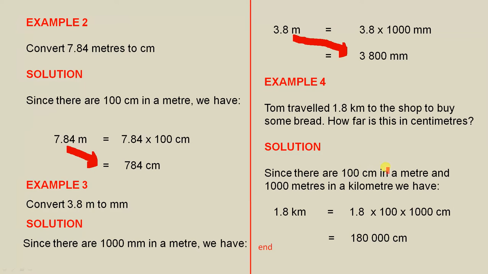Since there are 100 centimetres in a metre and 1,000 metres in a kilometre, we have that 1.8 kilometres will be 1.8 times 100 times 1,000, and that gives us the answer in centimetres. So 1.8 kilometres will be 180,000 centimetres.